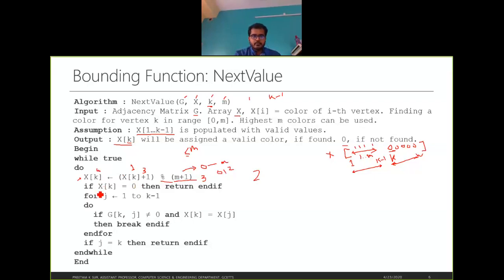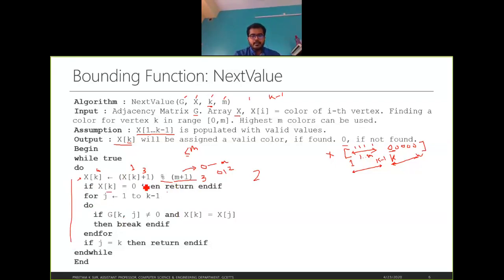That is what it is checking: if xk is equal to 0, it means that we have checked all the available color options for this vertex k, and we return, assigning xk equal to 0. So it starts with color 1 and checks all the colors one by one within this loop.